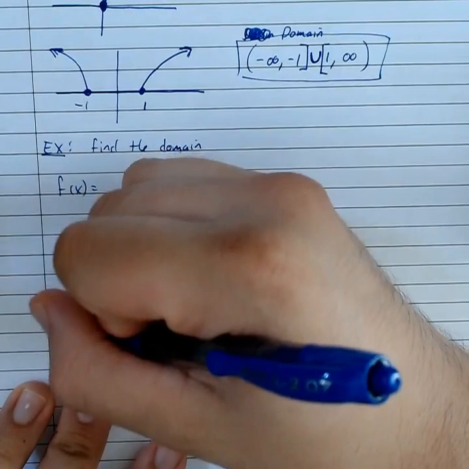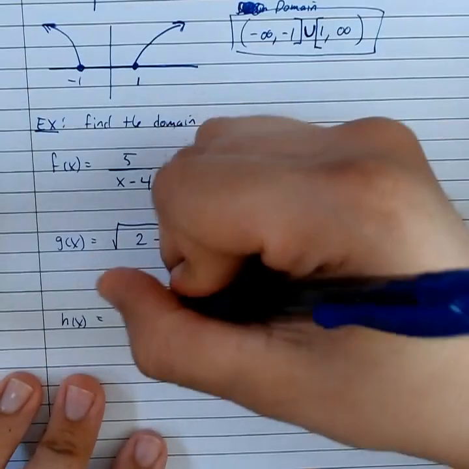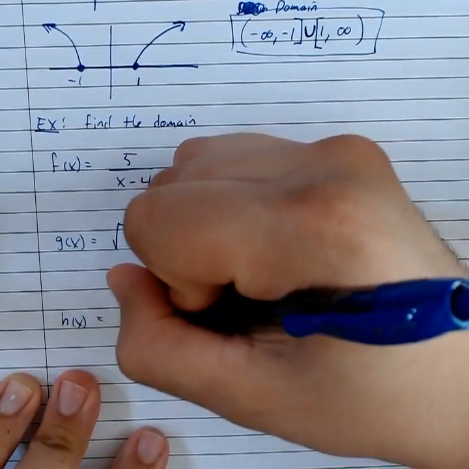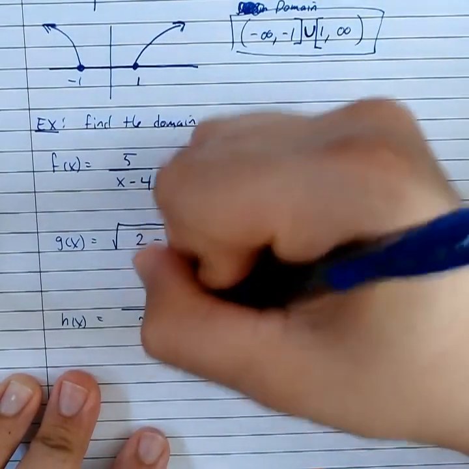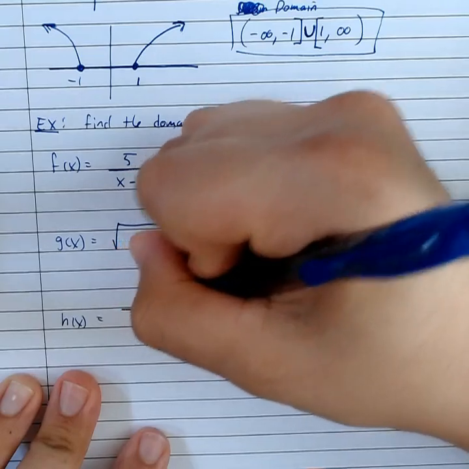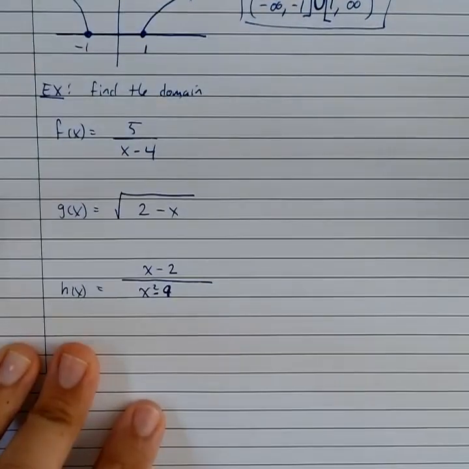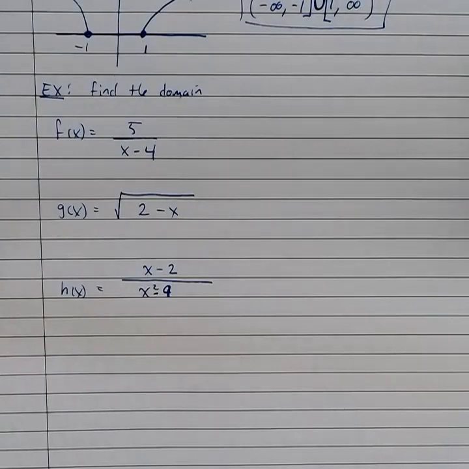And let's say h of x is going to equal x squared minus 9, and then up here I'll have x minus 2. Like that.